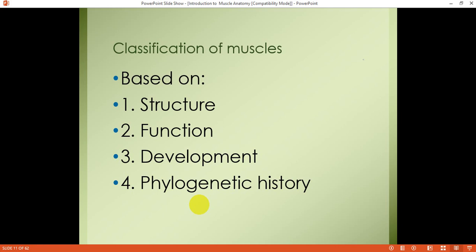They are striated muscles, skeletal muscles derived from the pharyngeal apparatus. For example, the muscles of mastication, the muscles related with the middle ear, etc.